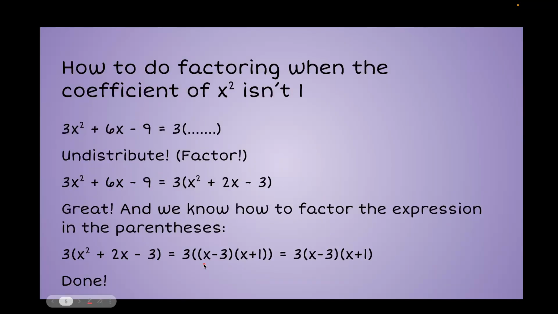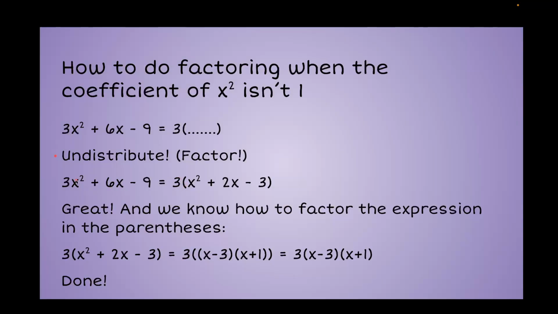So, once again, we're trying to get it to a point where it's 3 times an expression in parentheses, which is going to be this. It should be the same thing as what we started with. So we're going to undistribute, aka factor, and you can notice pretty quickly that it's basically the same thing as before, but we divide by 3.